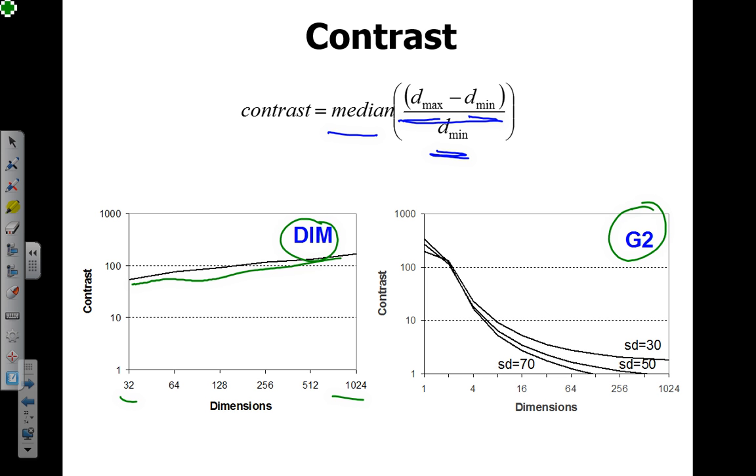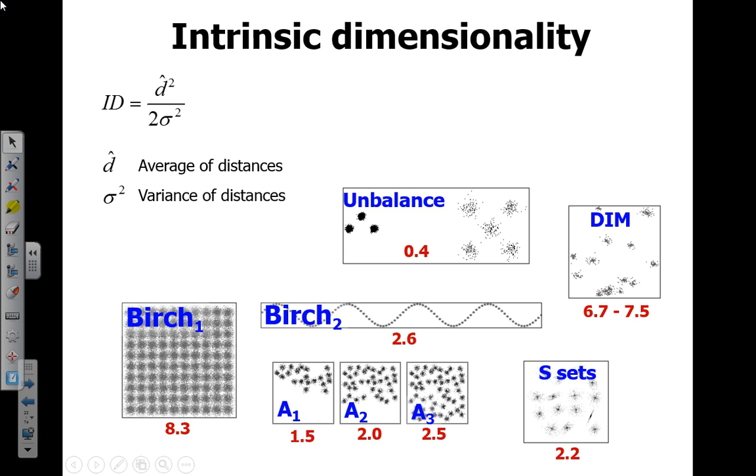When the dimensions increase here, the contrast actually goes down. We will come later to see where this originates from and why this happened, but these data sets have different properties.